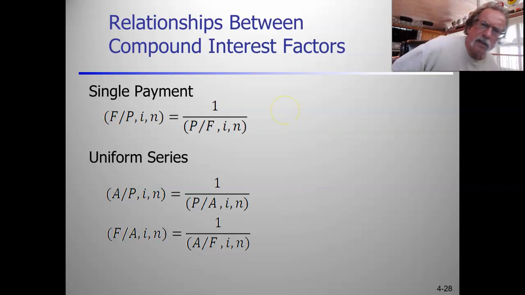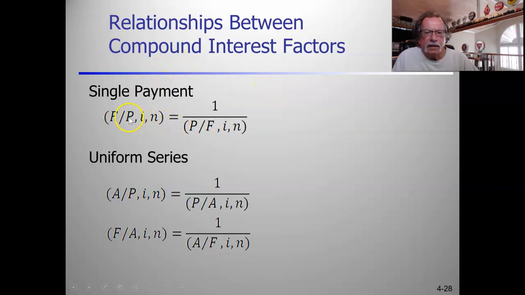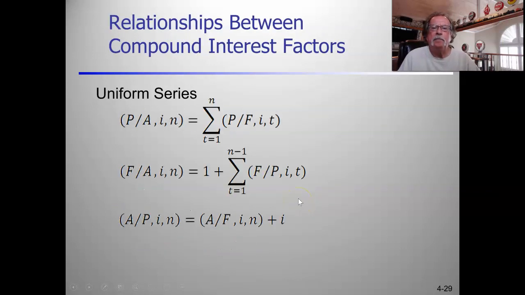So let's look at our Excel formula here. This is F and P. This is A and P. F and A. I think you're going to be safest using the formulas and the Excel functions.